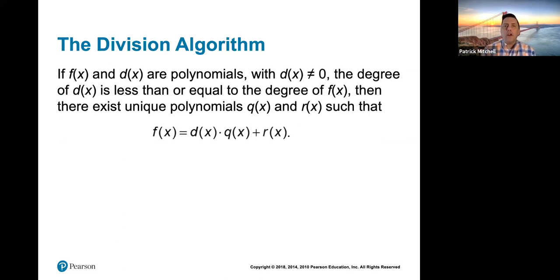All right, so we start off with the division algorithm. The division algorithm says that if f of x and d of x, think d for divisor, are polynomials with d of x not equal to 0, and the degree of d of x is less than or equal to the degree of f of x, then there exist unique polynomials q of x and r of x, q and r for quotient and remainder, such that f of x equals d of x times q of x plus r of x.